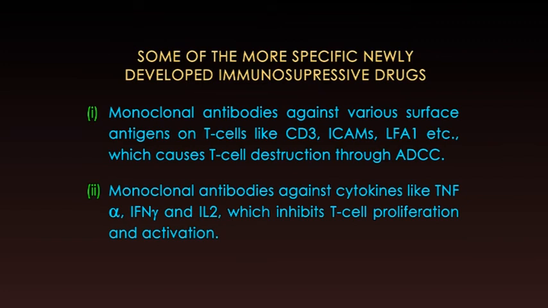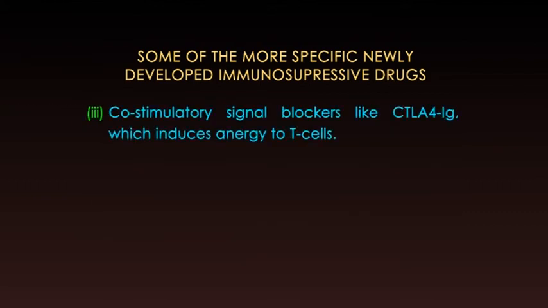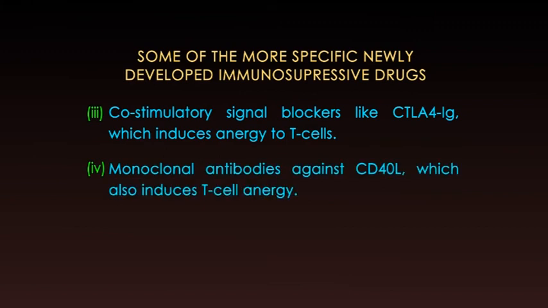Monoclonal antibodies against cytokines like TNF-alpha, interferon gamma, and interleukin-2 inhibit T cell proliferation and activation. Co-stimulatory signal blockers like CTLA4-Ig induce anergy to T cells. Monoclonal antibody against CD40 ligand also induces T cell anergy.